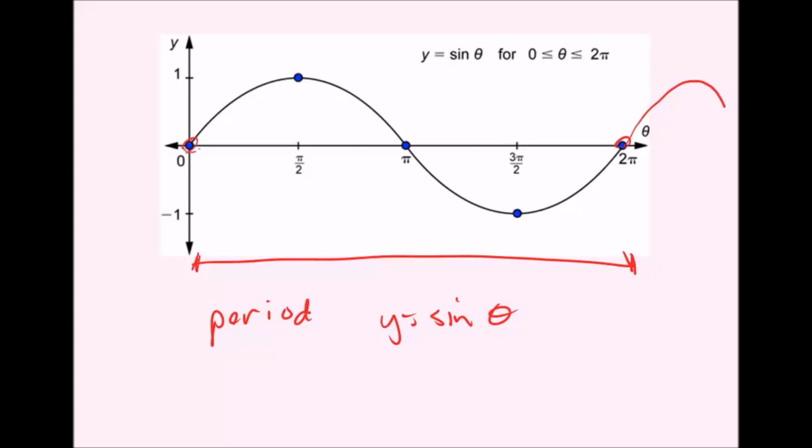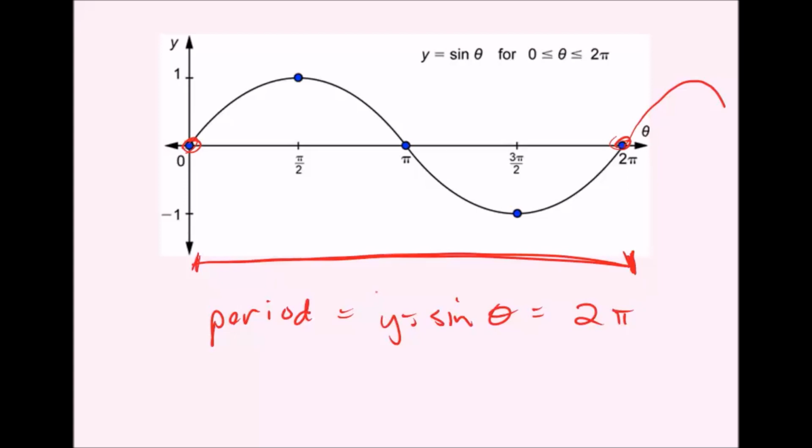So one period is how long it takes to get back to where it started, to where it would just start repeating itself. So the period for y equals sine theta is equal to 2 pi. And we can think about it as the time it takes to complete one cycle, to get back to where it started.